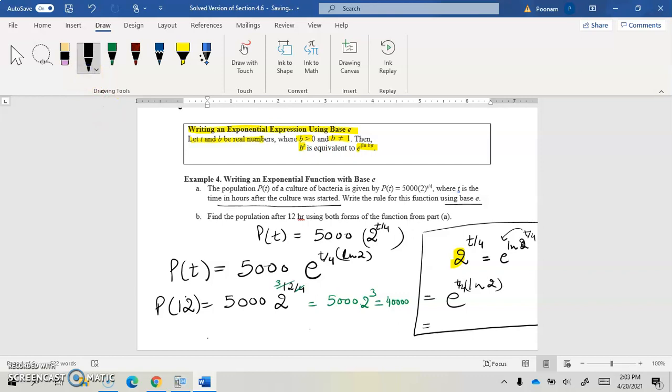So they are asking to use both methods. Let's try the second method. 5,000 times e raised to power t by 4 times natural log of 2. So in place of t, we have 12 by 4 times natural log of 2. So 12 by 4 is 3. So we have 5,000 times e raised to power 3 times natural log of 2.